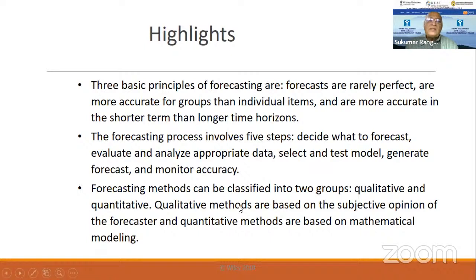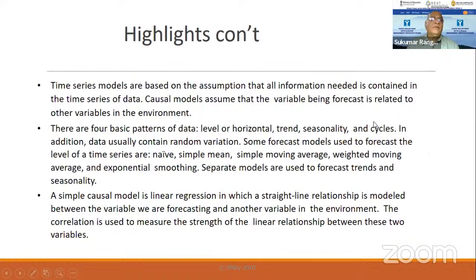Forecasting methods can be classified into qualitative and quantitative. Of course, qualitative methods are based on the subjective opinion of the forecaster, and quantitative methods are based on data. Today, more and more forecasting is on quantitative methods. In fact, analytical sciences and analytical management are gaining more and more importance and opportunities in the marketplace also.